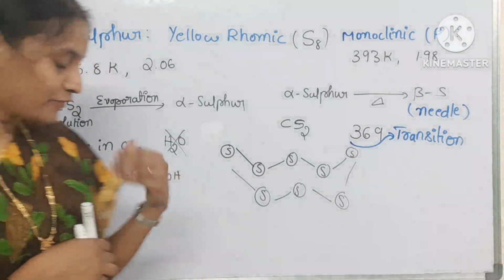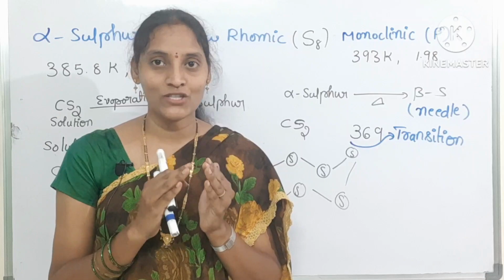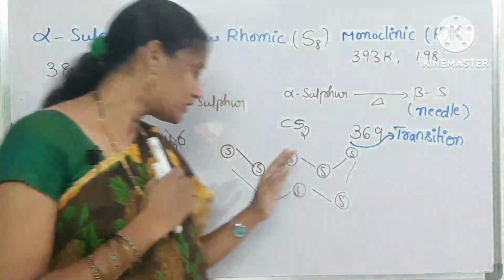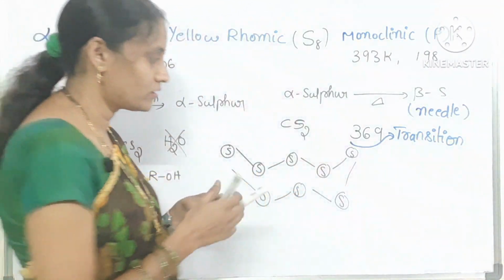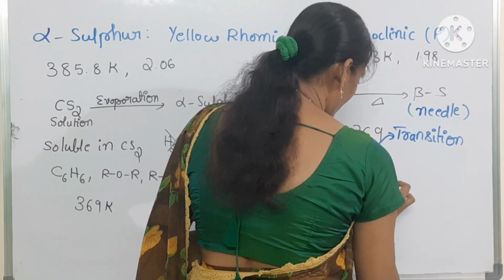If you take modified forms of sulfur, S6 to S20 are there. If you take the S6 structure, it is like this.